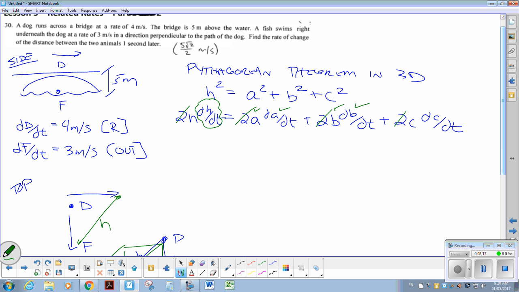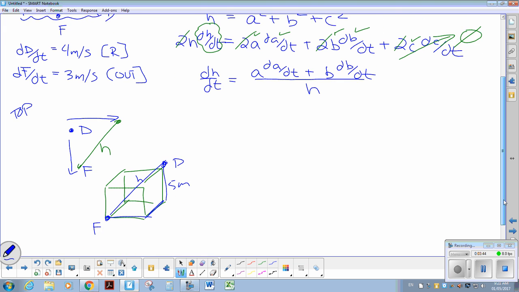The bridge is 5 meters, but the height of the bridge hasn't changed, so that's going to go to 0. So I'm really just going to have these two terms. So dH by dt equals a dA by dt plus b dB by dt, over h. So I'm going to have to calculate that value, and it's after 1 second.